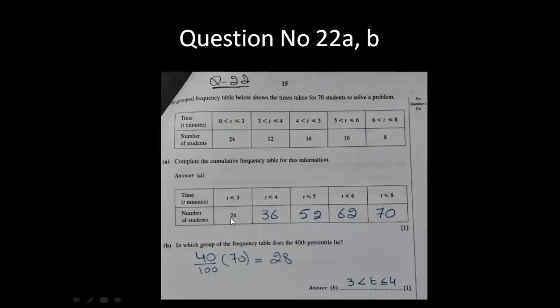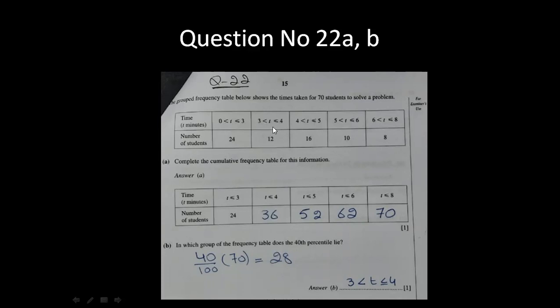Counting through the first class, we reach 24. In the next class, we will have 25, 26, 27, 28, and so on up to 36. So 28 will be here in this class.